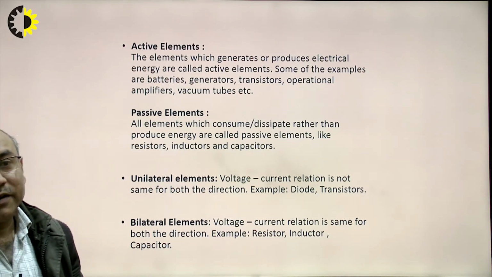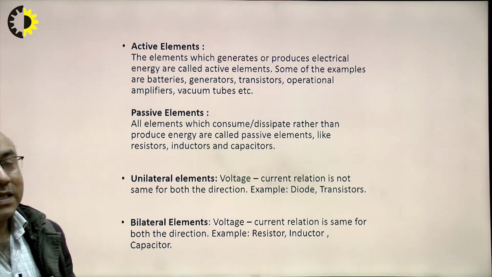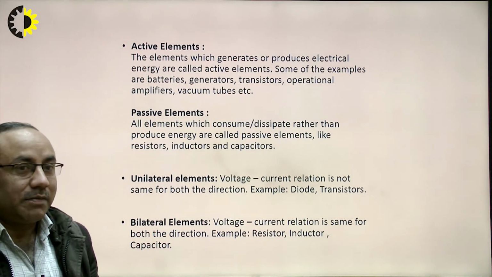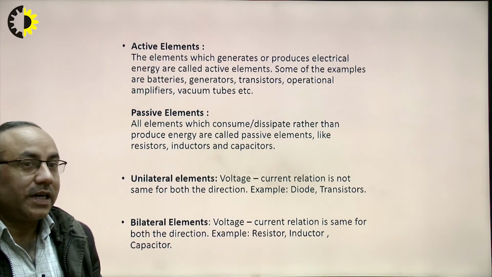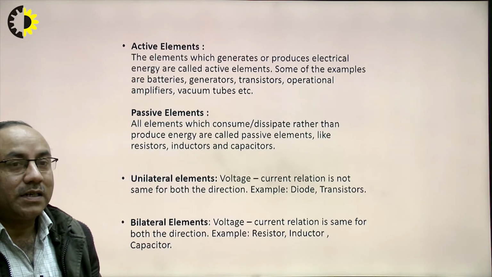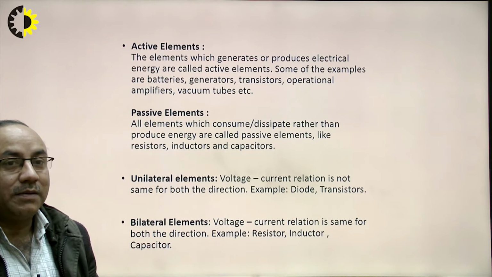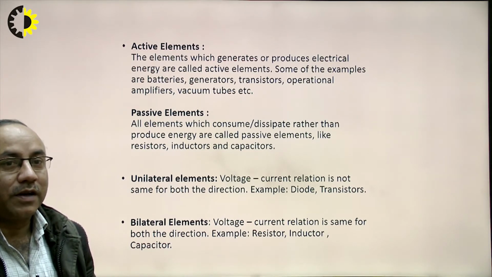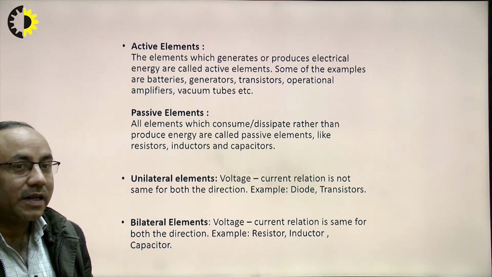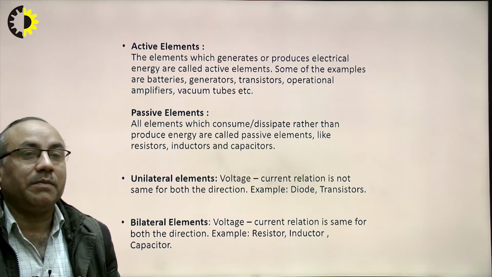In case of a battery, we know a chemical reaction takes place and energy is liberated, which is converted to the electrical form of energy, and that is supplied in the circuit in which the battery is connected. Similarly, the other examples, generator, transistor, vacuum tube, diode, all have this property and come under the category of active elements.